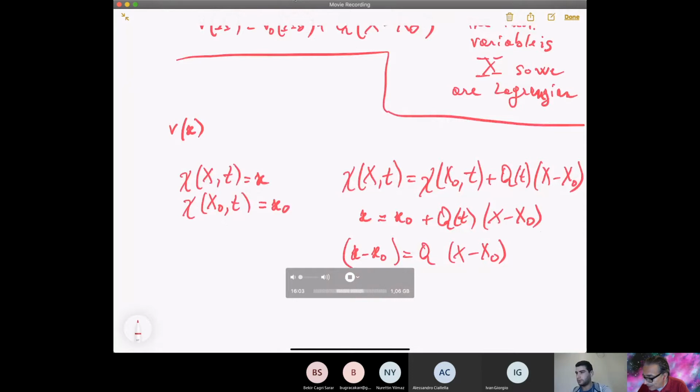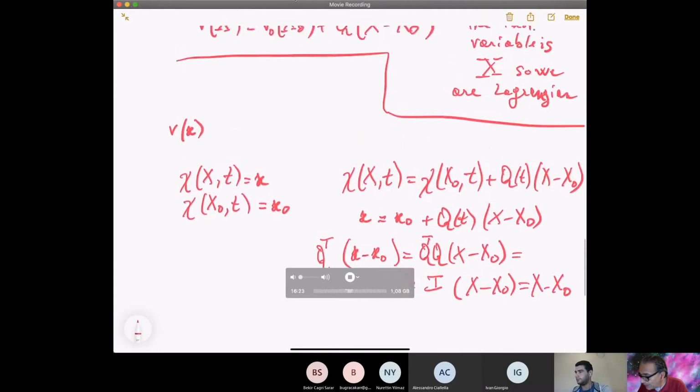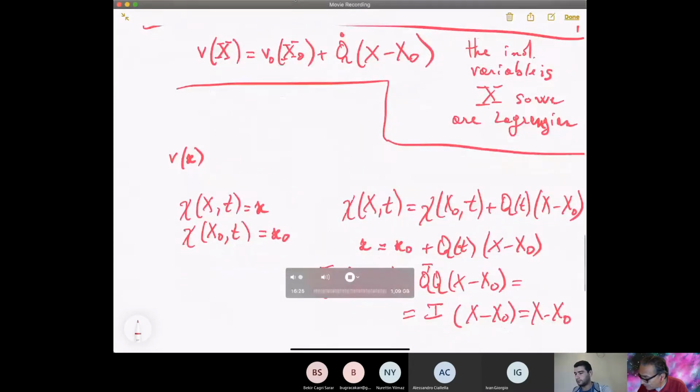I multiply times Q transposed both sides of this equality. As Q transposed Q is equal to the identity, because it is orthogonal, we have this. So at the end, I have that capital X minus X0 is equal to Q transposed (small x minus small x0).